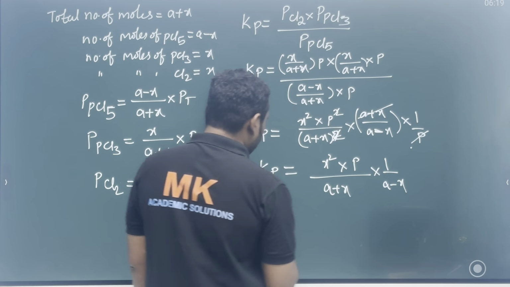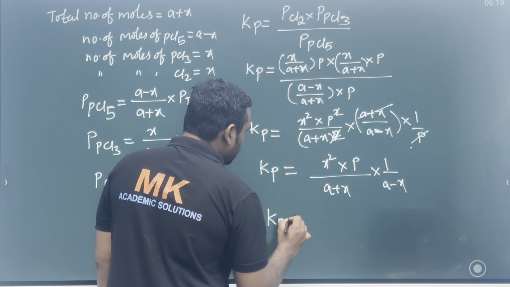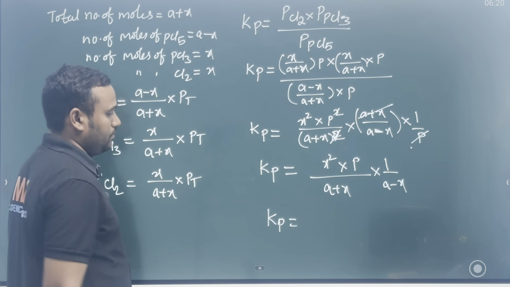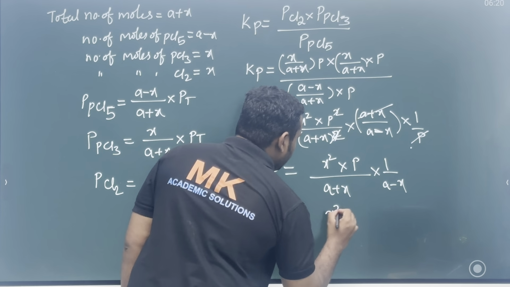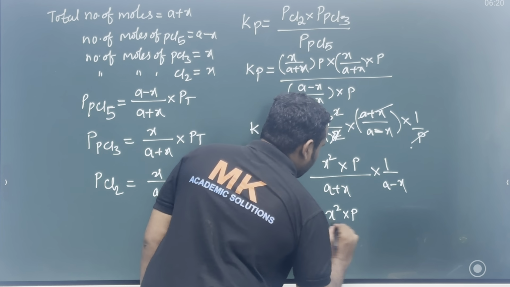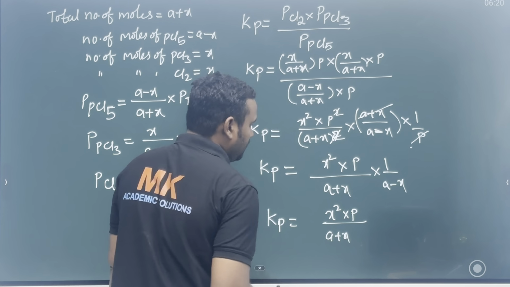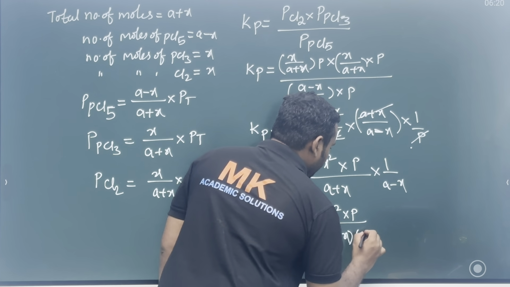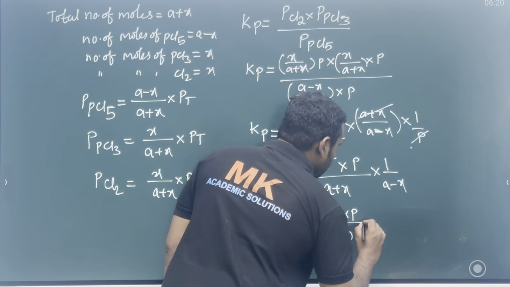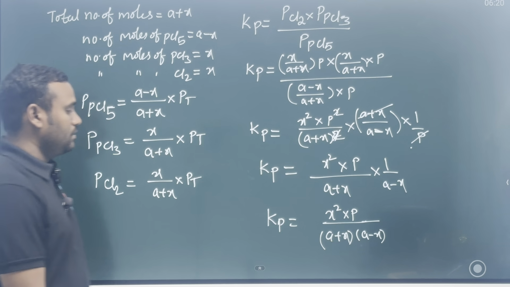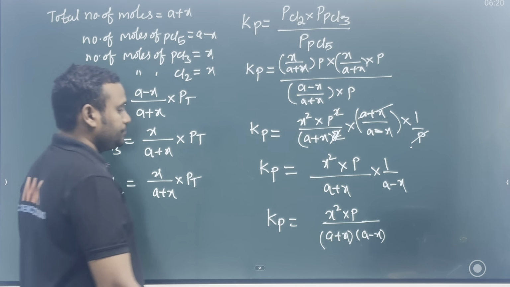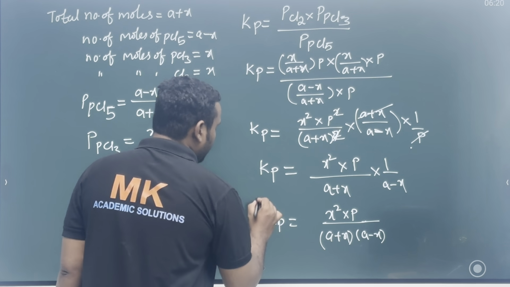So the final Kp expression, children, is Kp is equal to x square into P by A plus x into A minus x. Okay, keep this in mind.